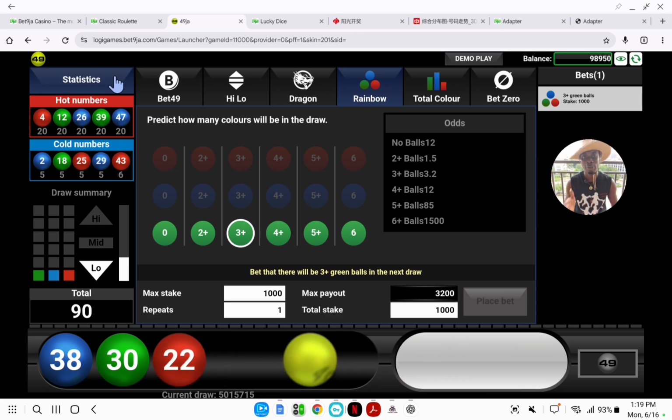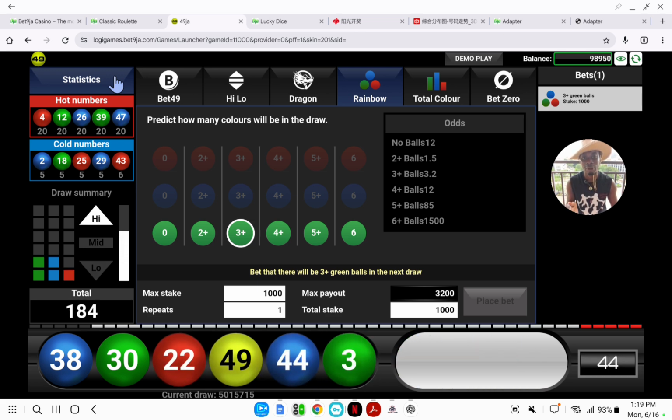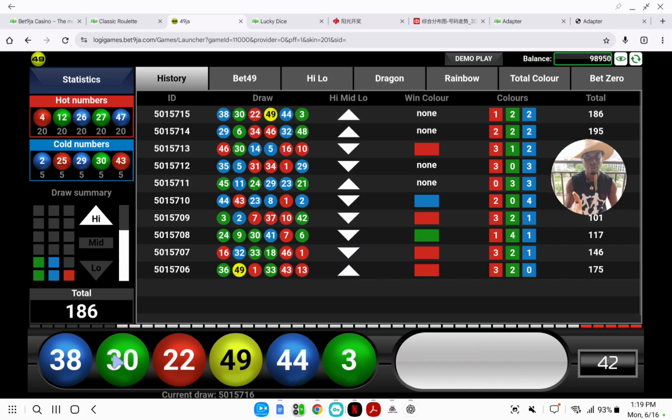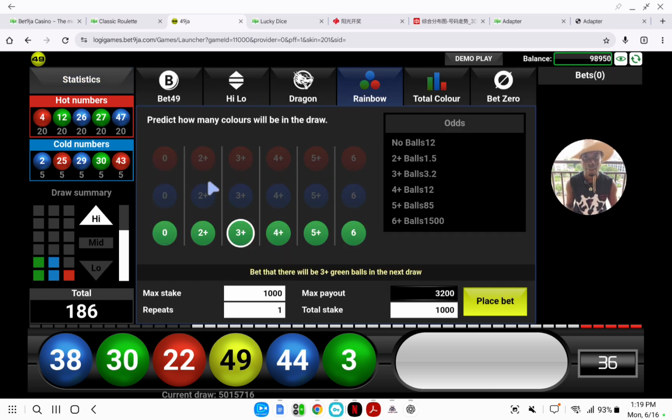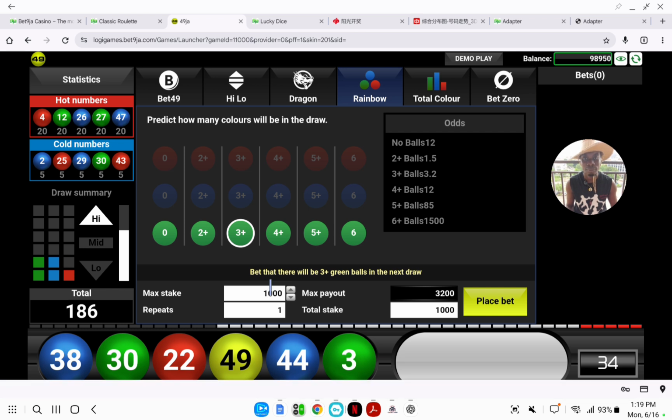So remember, you trade on that column when it has not switched position. So you can see it has still not switched position. The 3 plus has not appeared in any column, so we can stick to this column.